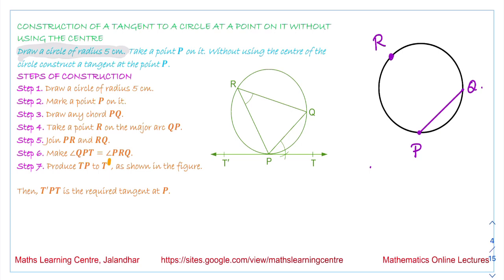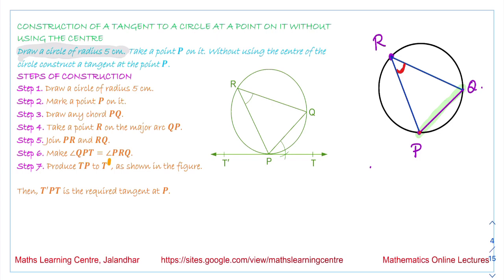The next step is we join the points P and R. We join the points R and Q. Now we know that whatever the angle at R over here, if we draw the same angle at this point P corresponding to this PQ, then the line we obtain will be a tangent at the point P to this circle.